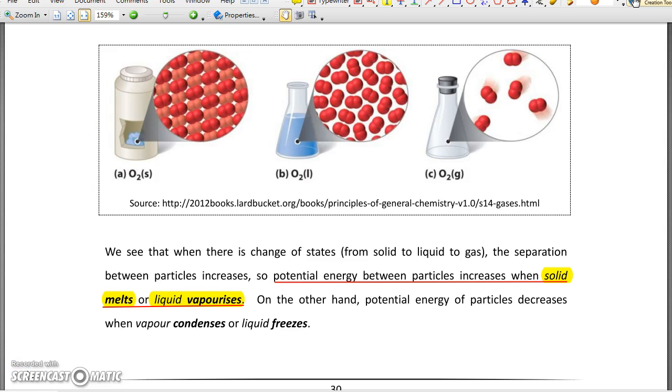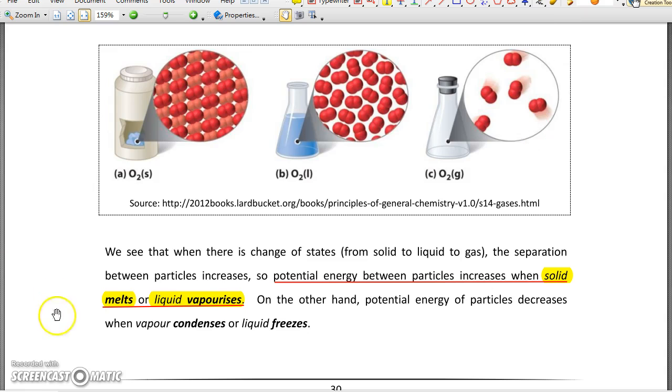As you can see from these pictures, the particles are very close together in solid form, and then they become a little bit further away from each other in liquid form. Finally, in gas form, the particles are very far away from each other. So we can see that the potential energy increases when solids melt to become liquids, or when liquids vaporize to become gases.